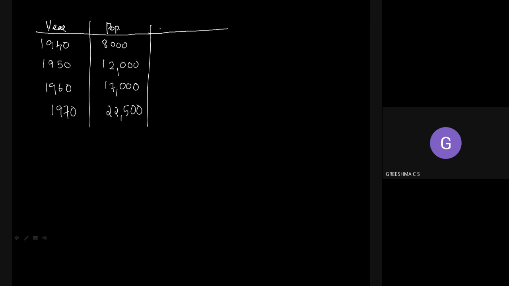Here, first you have to find out the increase in the population, just like before. Between 1950 and 1940, the increase in the population is 4,000. Between 1960 and 1950, the population increases by 5,000. Between 1970 and 1960, the population increases by 5,500.